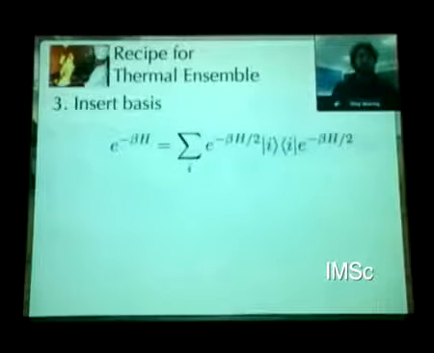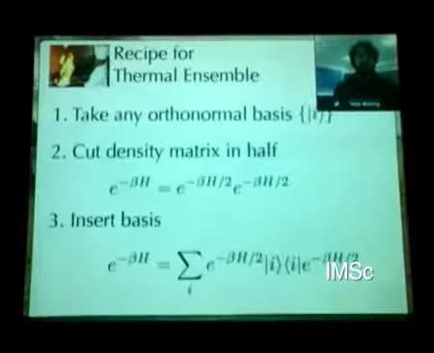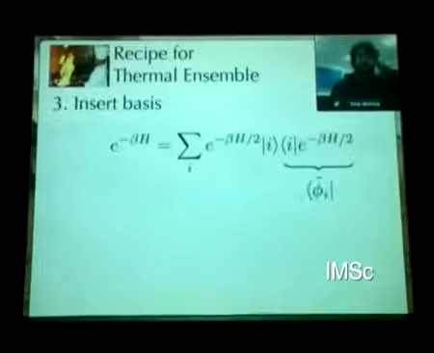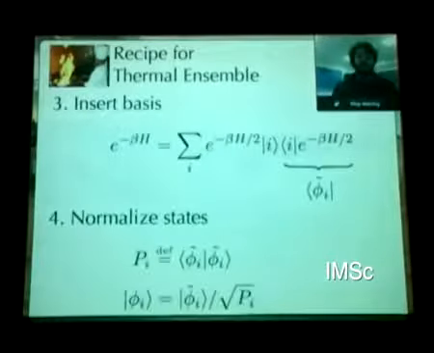So now, if you think of acting e to the minus beta H over 2 onto the state I, that product, let's call it phi tilde sub I. And we've basically made one of these thermal ensembles.